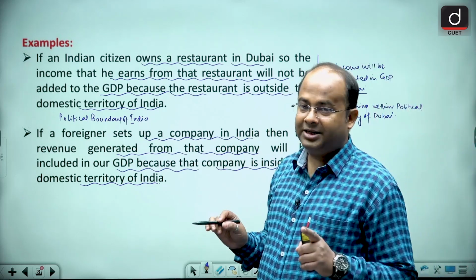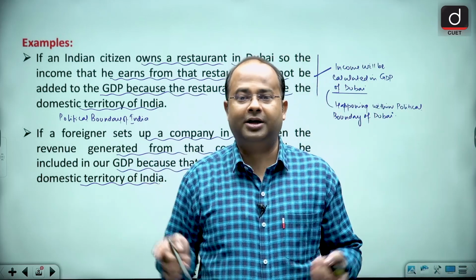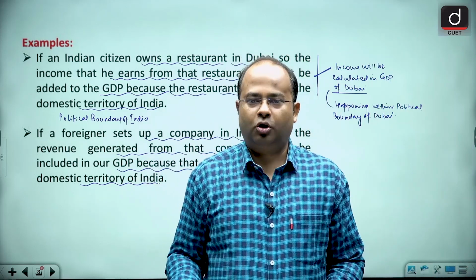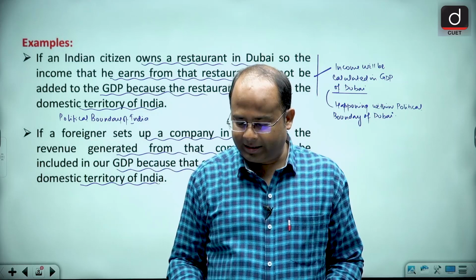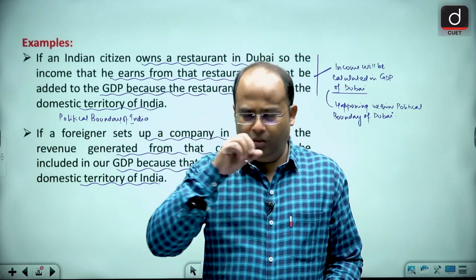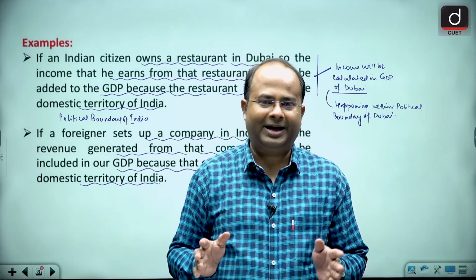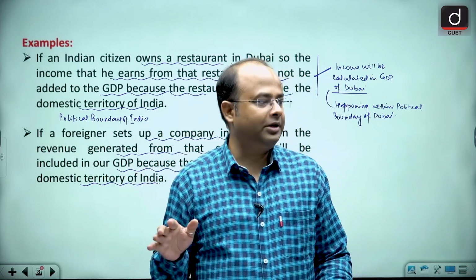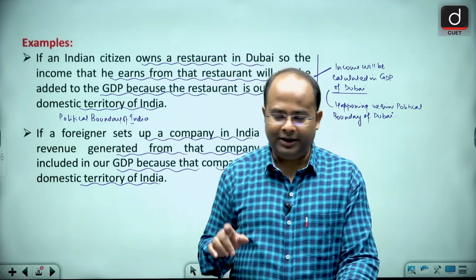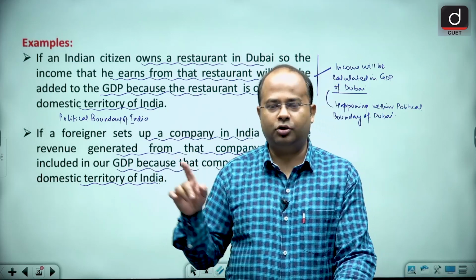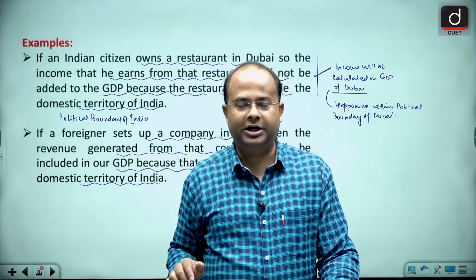So I hope it is clear that GDP means within the territorial boundary. The monetary value of all the economic activities which are happening within the political boundary of that country is taken into account when you calculate the GDP.